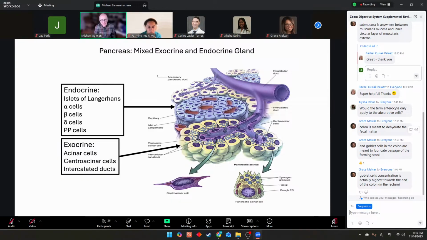The islets of Langerhans are populated by cells that are smaller than the exocrine pancreatic cells, and there are various different cell types, some of which are listed: alpha cells, beta cells, delta cells, and PP cells, each with their own distinct protein or hormonal product. Beta cells, of course, produce insulin. Alpha cells produce glucagon. D cells or delta cells produce somatostatin, I think.